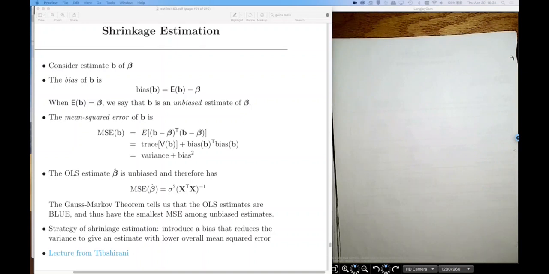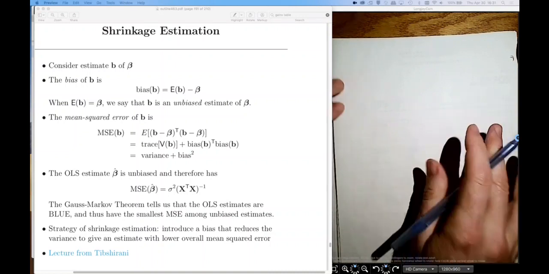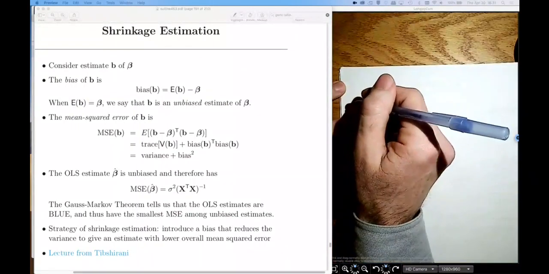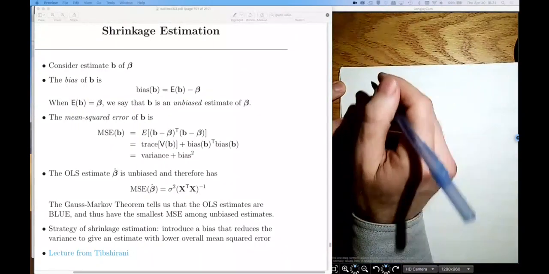So the question is, how do I evaluate how good an estimator is? Let me go over to my paper here, and I think it's almost easier to talk about these concepts on paper.